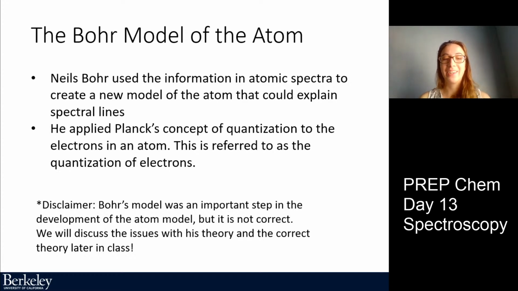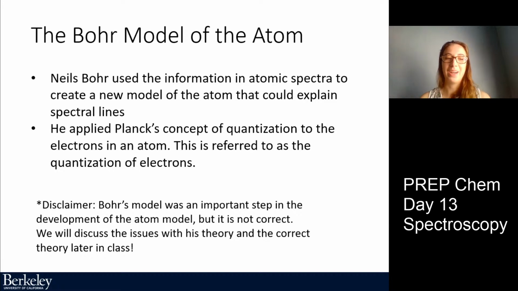But a quick disclaimer is that although this model was a really important step in our development of the atom model, it's not correct anymore. But we still teach it because it's a great way of thinking about these spectra, and some parts are correct. Today we'll quickly discuss his theory, but also some of the issues with the theory, and lay down the groundwork of some of the correct concepts later in class.